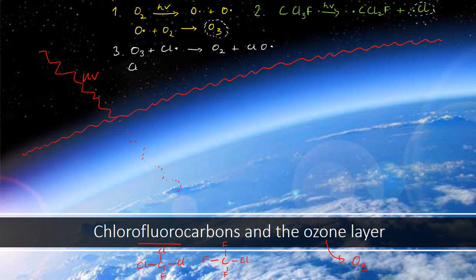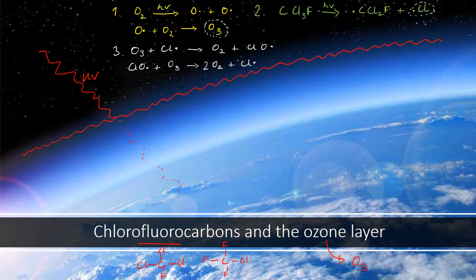So we've got a ClO free radical that happens to bump into another ozone molecule, and creates two oxygen molecules, and in the process recreates, well, not the exact original, but a chlorine free radical, just like we had in the first step of this reaction.